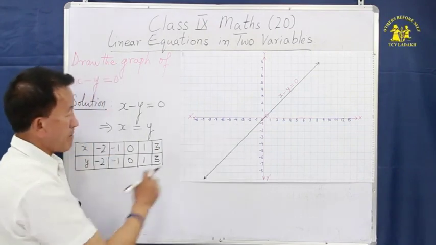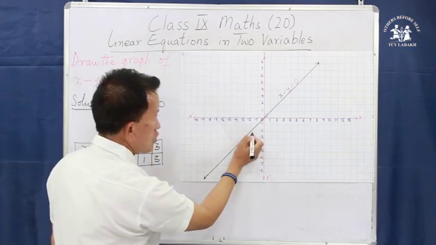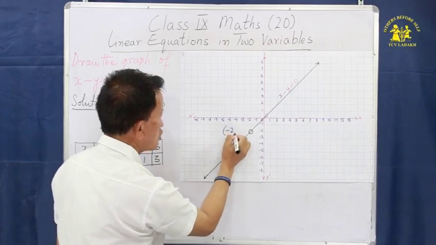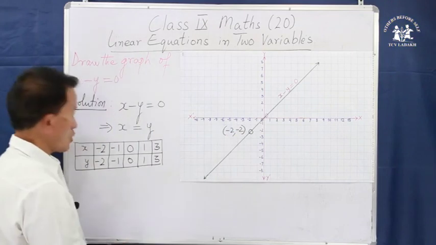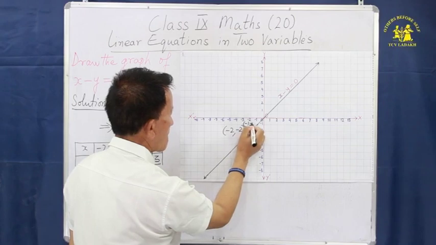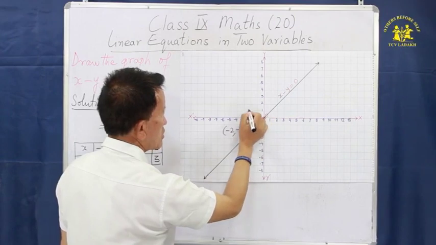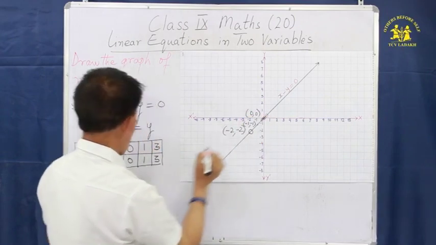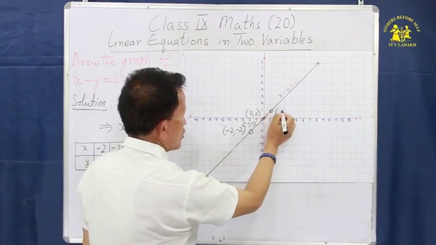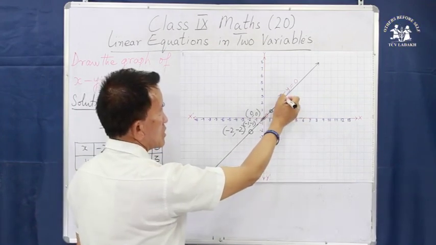So we mark them: minus 2, minus 2; minus 1, minus 1; and 0, 0, that is the origin; and then 1, 1, where x is equal to 1, y is equal to 1; then x is equal to 3, y is also equal to 3.